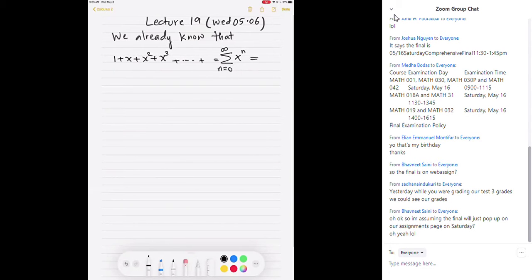We also are aware that this is true if the absolute value of x is less than 1, meaning -1 is less than x is less than 1.